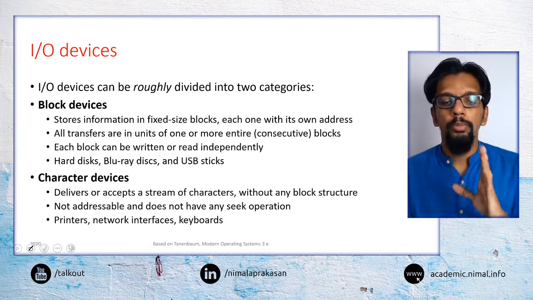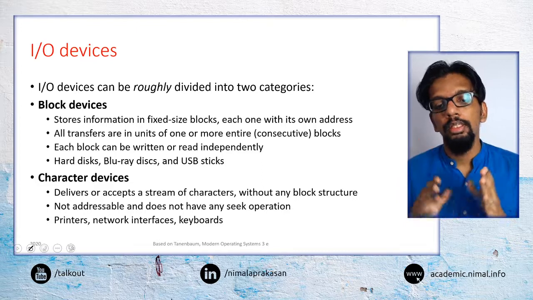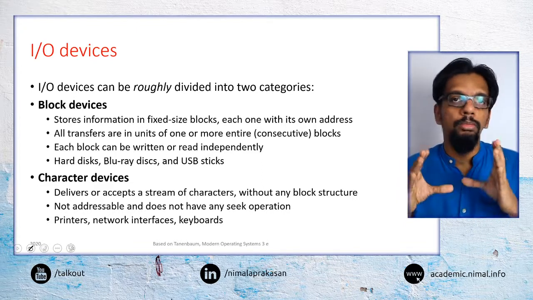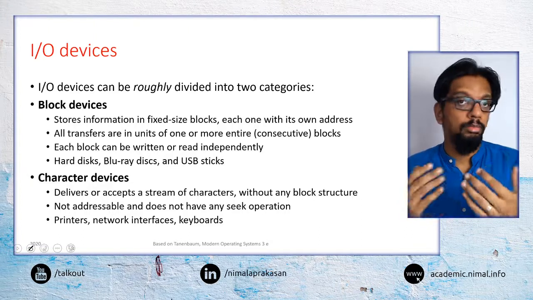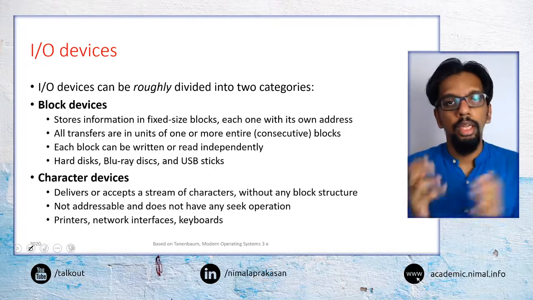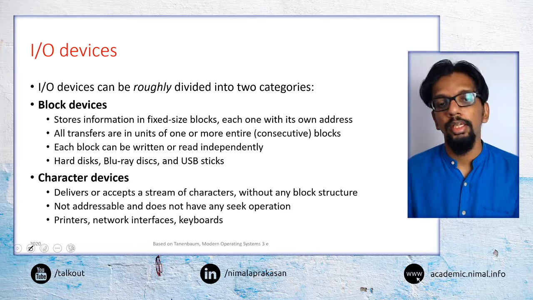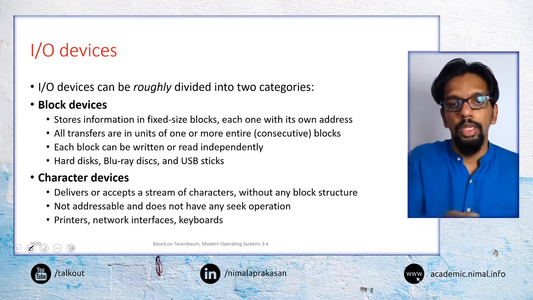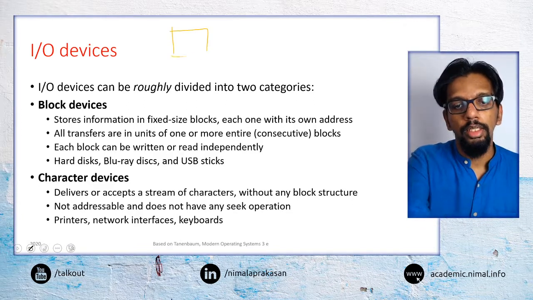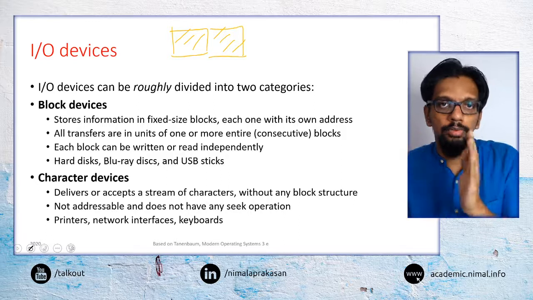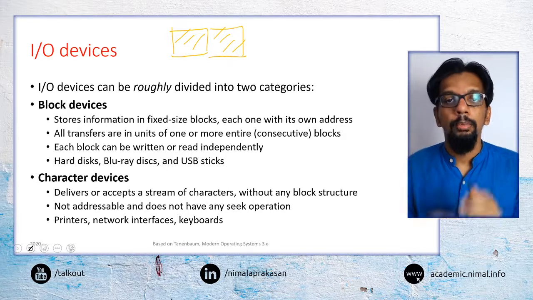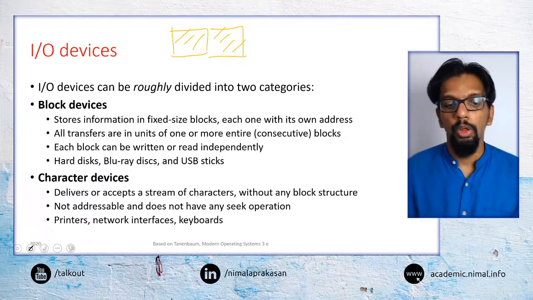So the main property about block devices is they handle data, information coming in and going out of these devices, as blocks of data. So they may receive blocks of data that can have differing lengths of data, but they will be received as these blocks.